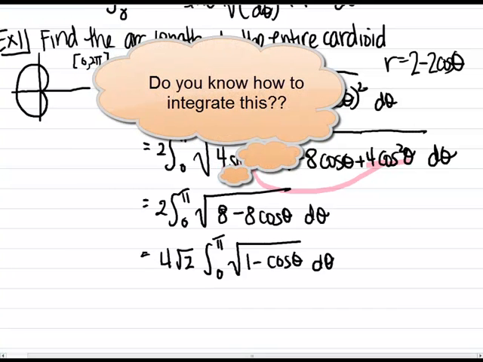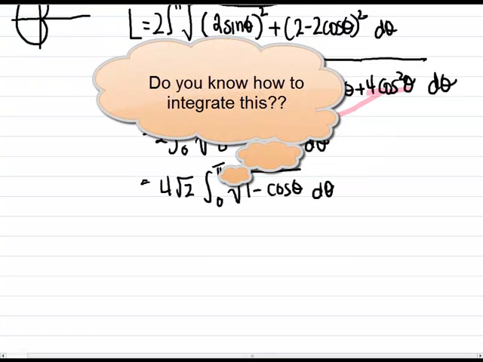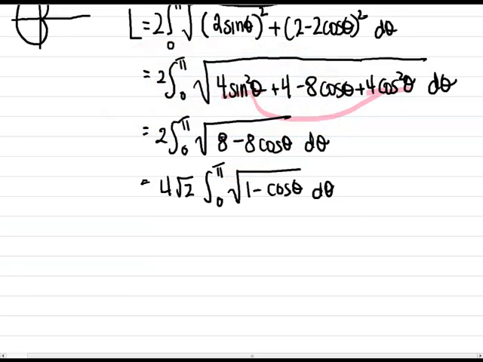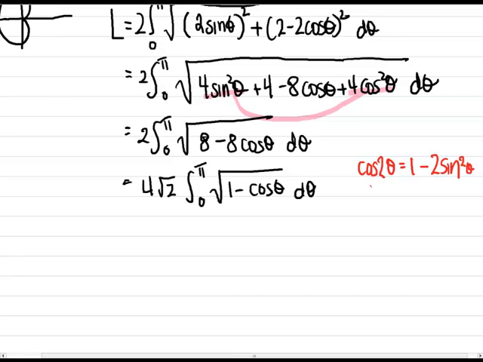This is actually going to use the half angle formula, which comes from the double angle formula for cosine. So let me just show you and remind you over here on the side. Remember, our double angle formula for cosine is 1 minus 2 sine squared theta. So 2 sine squared theta equals 1 minus cosine 2 theta. Now notice this is cosine theta, and I have a cosine 2 theta over here. So if I rewrite this as 1 minus cosine theta, I'm now going to have 2 sine squared theta over 2.